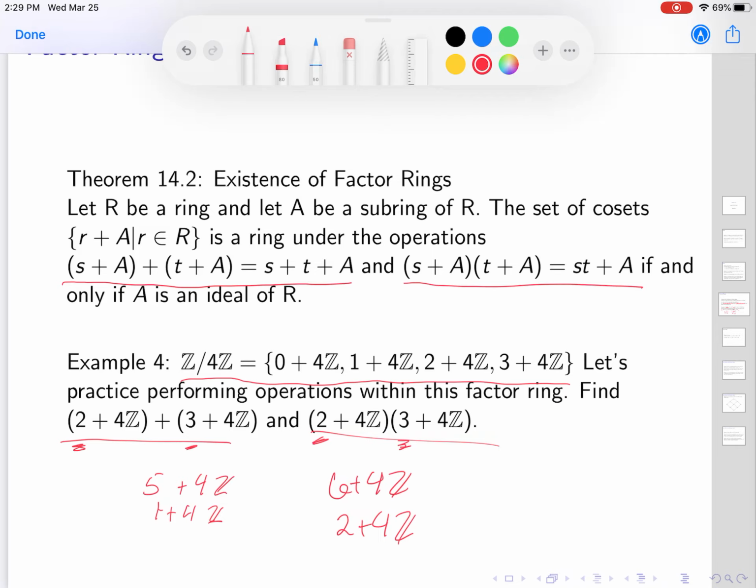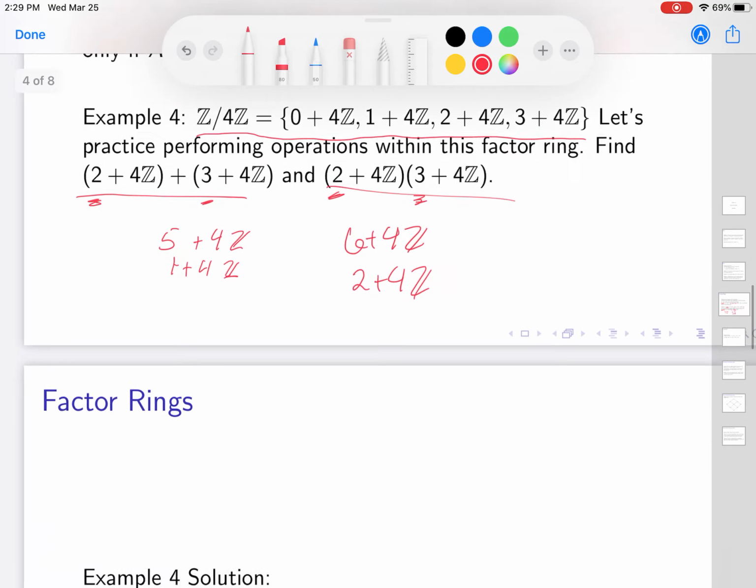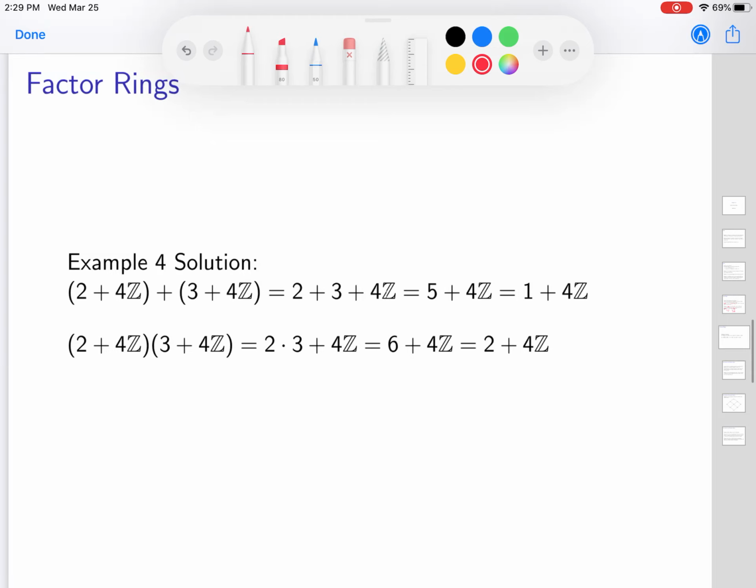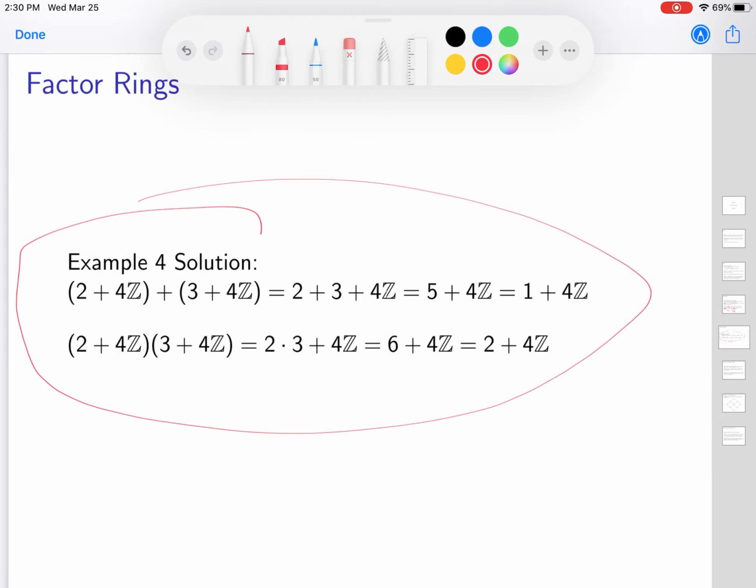And we're able to simplify these because we're absorbing things that are multiples of 4. We actually just noticed that we're doing operations mod 4, right? All of our operations that we're doing are going to be mod 4.